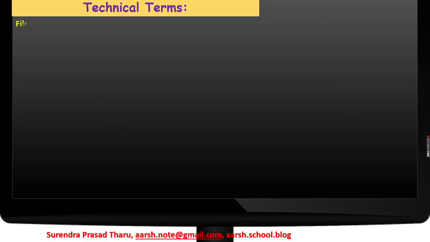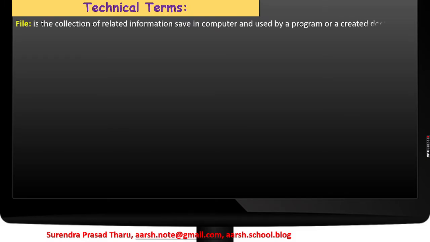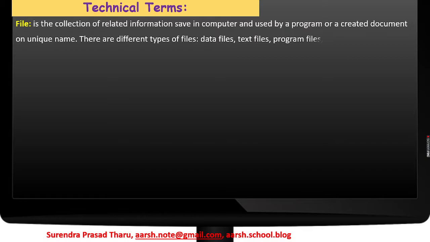And among the technical terms, another important one is the file. A file is a collection of related information saved in the computer, which is created by any particular application software, like Microsoft Word, Microsoft Excel, Microsoft PowerPoint.